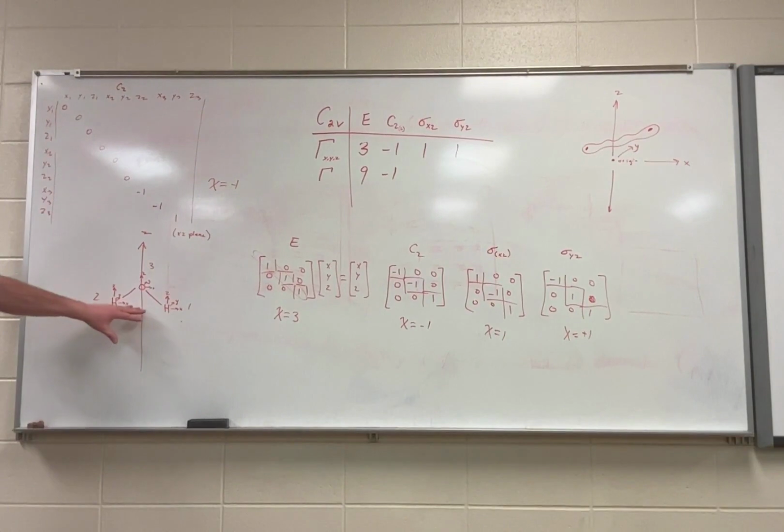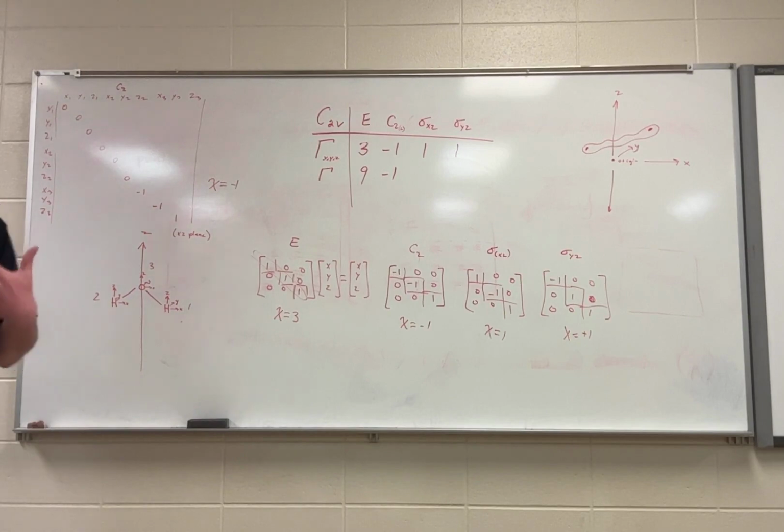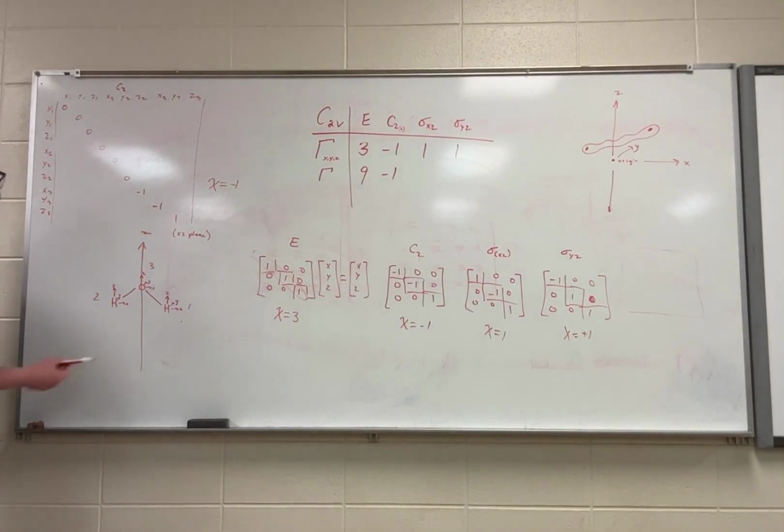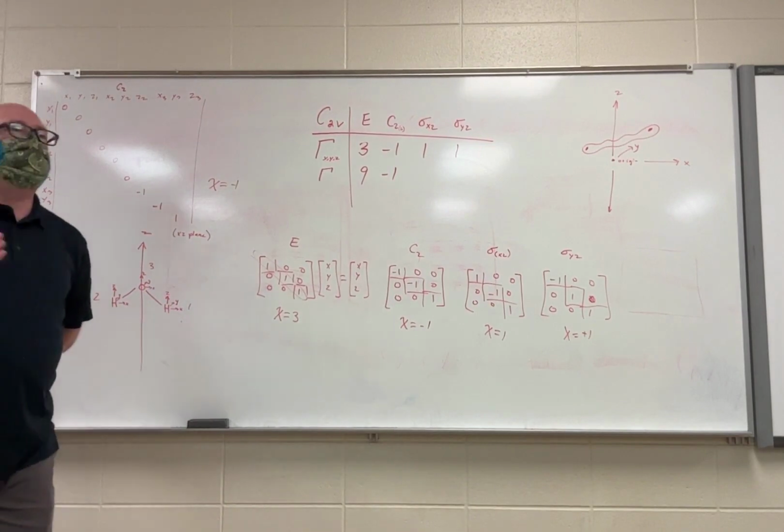If we take this molecule again and work out the character for the 9-dimensional representation in C2b, with the xz plane, all 3 atoms are in the plane, which means all 9 vectors will contribute to the character because they stay in place, right? So it's only the x and z's that are in the plane.